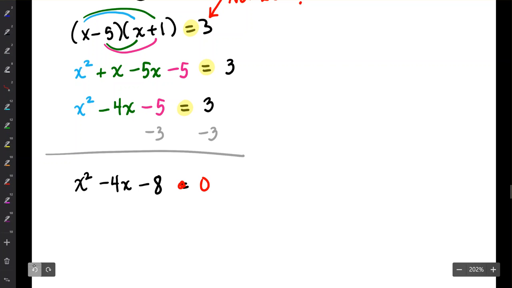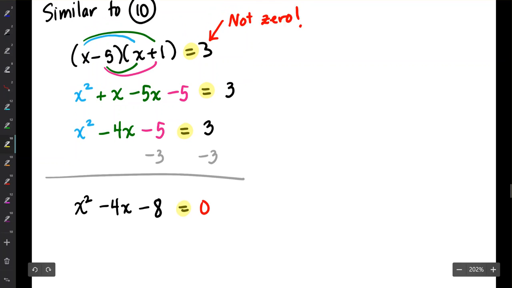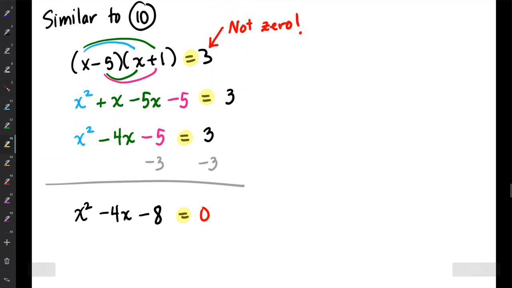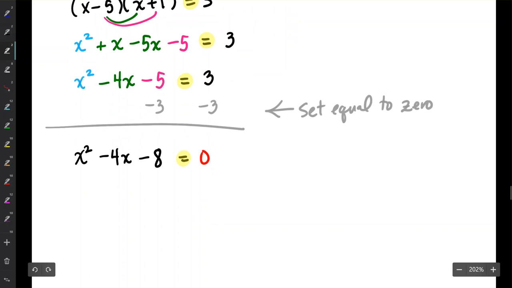Right, so now we've got it. What we just did right here is we set this equal to 0. All right, so I'm happy here. Now we're going to go ahead and factor, if we can. And if we can't, we'll use the quadratic equation.